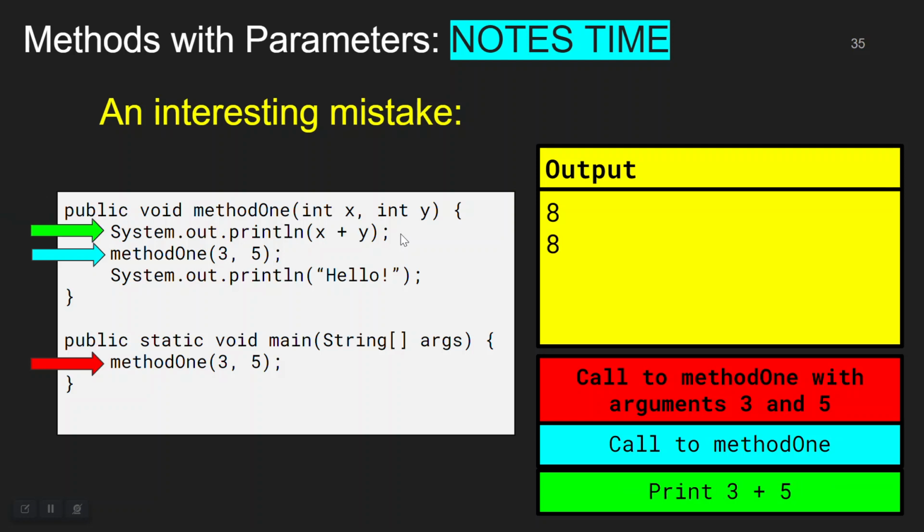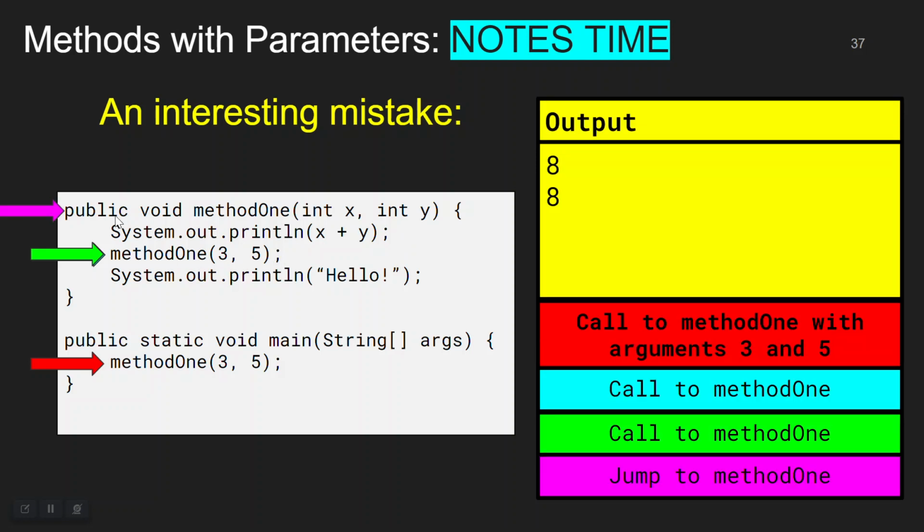So we're going to print 8 once again, and then it's calling method 1 again.